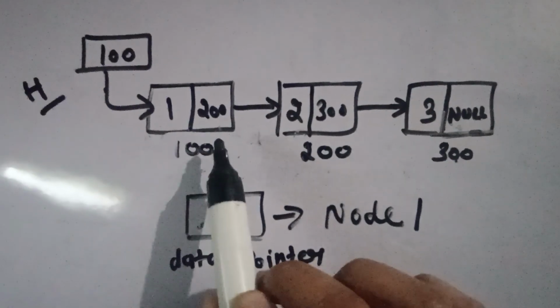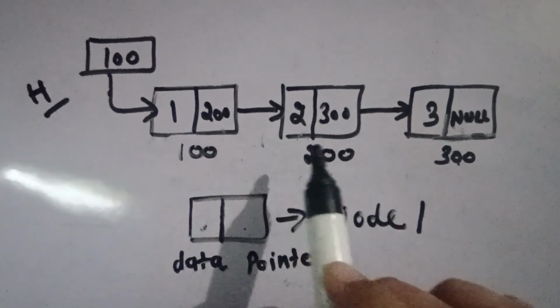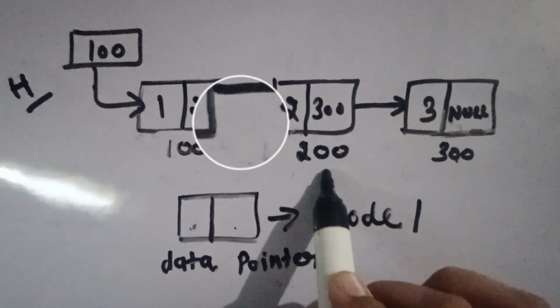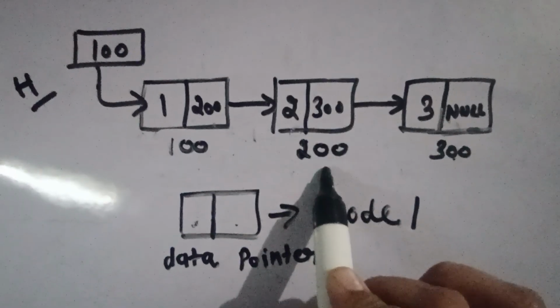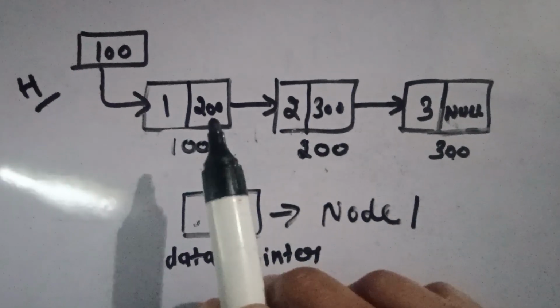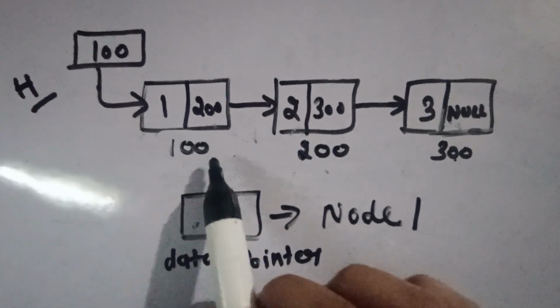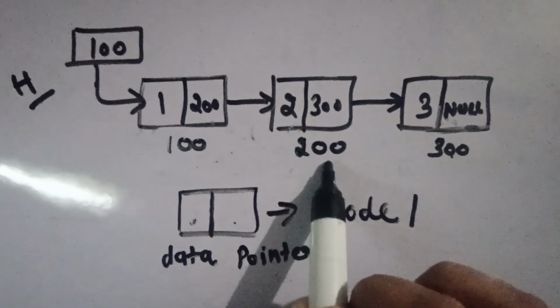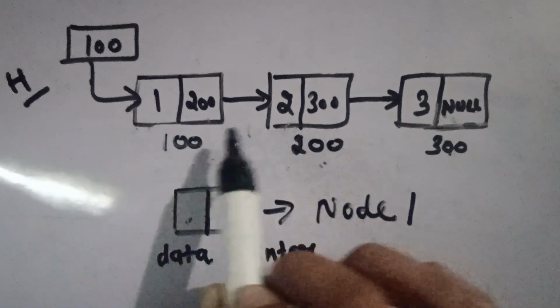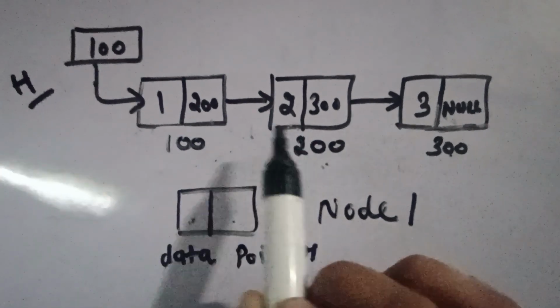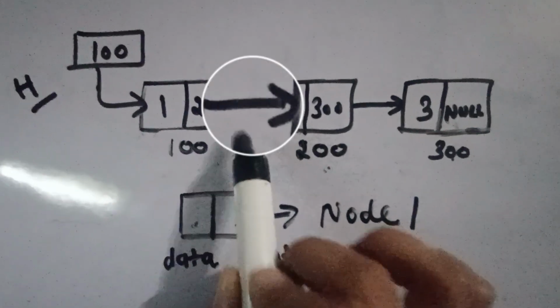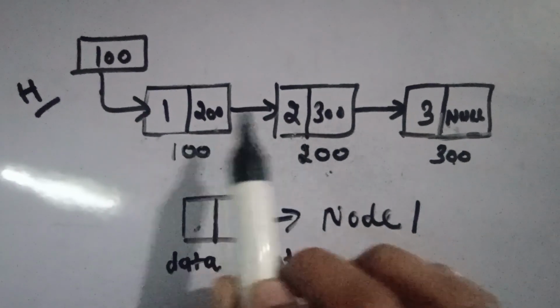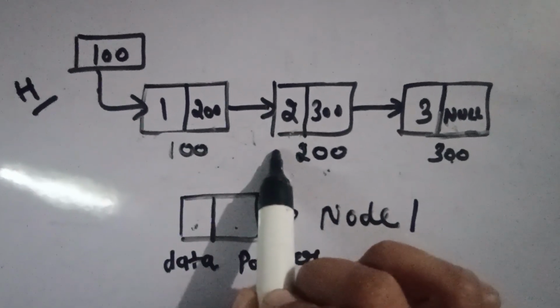Node 1 stores the address of node 2. So when this node stores the address of another node, they get connected together through this arrow. So these two nodes are connected with each other.